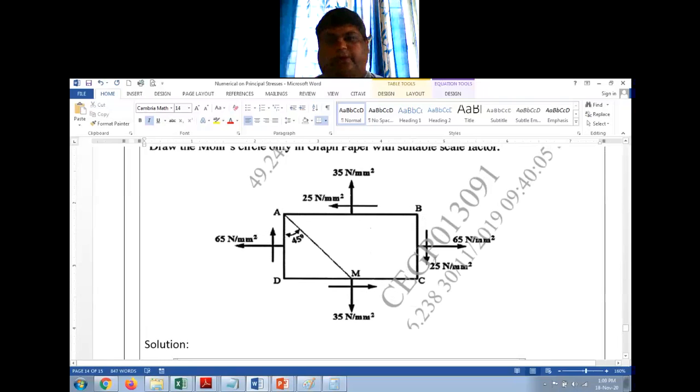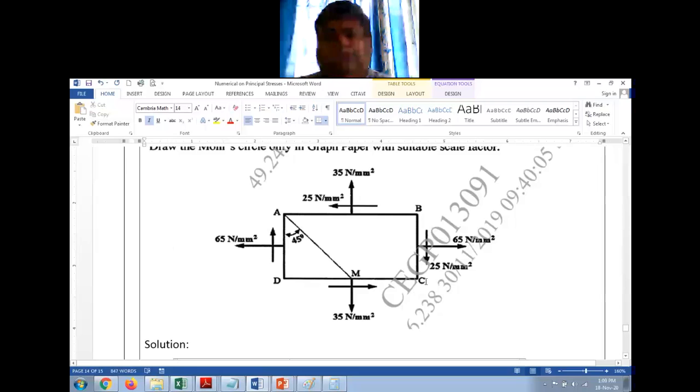And tau xy, see, tau xy he has given in two places here. Now if you consider this, then it looks like clockwise shear force, and if you see this one, this looks like counterclockwise shear stress, right?